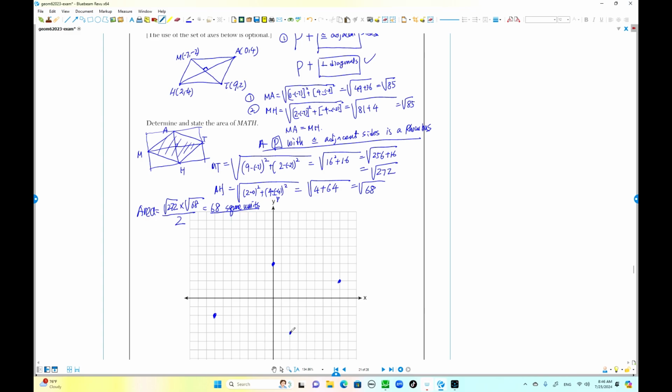Then you make the lines. When you make the diagonals, they must be perpendicular.